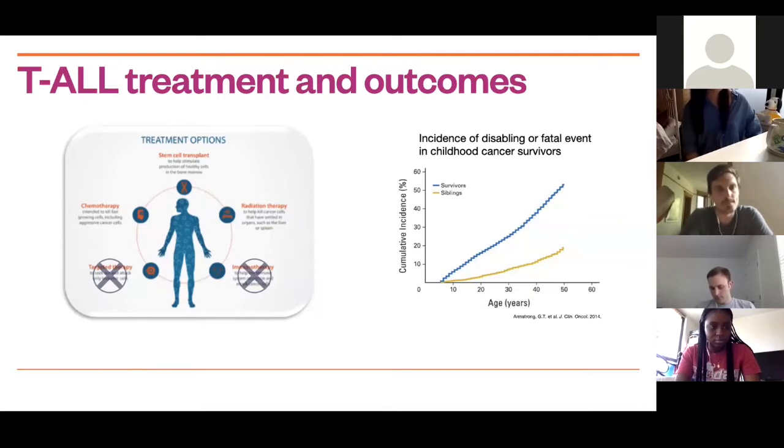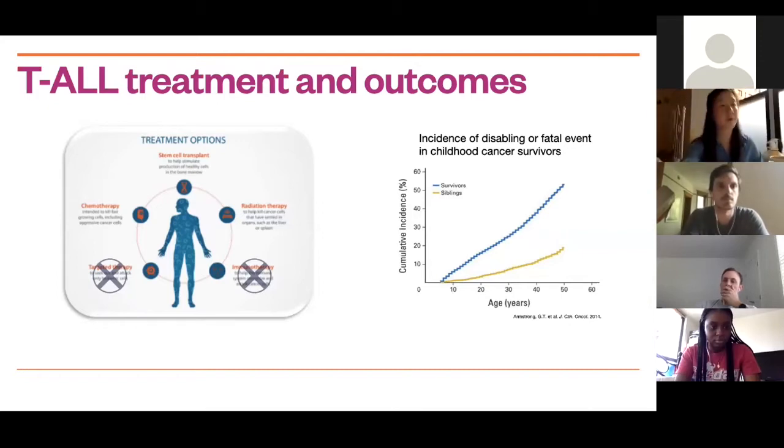In a stem cell transplant, they kill off basically all of the patient's original bone marrow and try to replace it with healthy bone marrow. So, okay, these are the 3 types of treatments that are available.